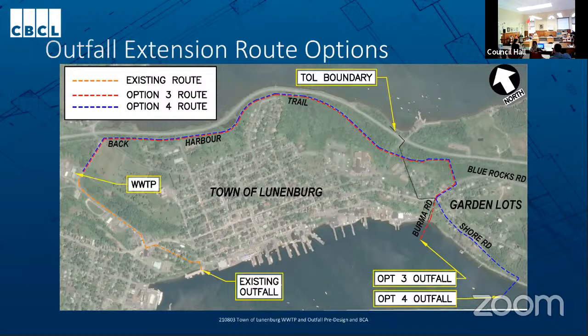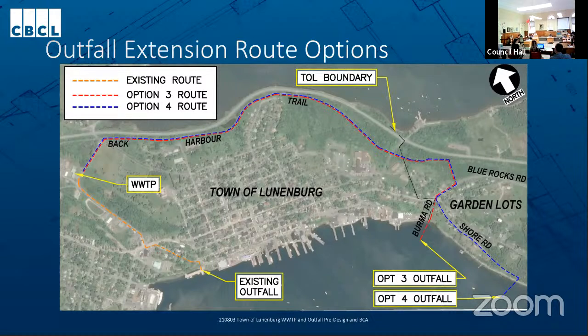And we have allowed in our opinion of probable costs for pump replacement because those pumps are, again, about 20 years old, and thought that might be something the town would want to look into at this point to ensure good future performance. Along this route, there's also several air release valves and some drains at the low points so that the line can be drained for maintenance if necessary.